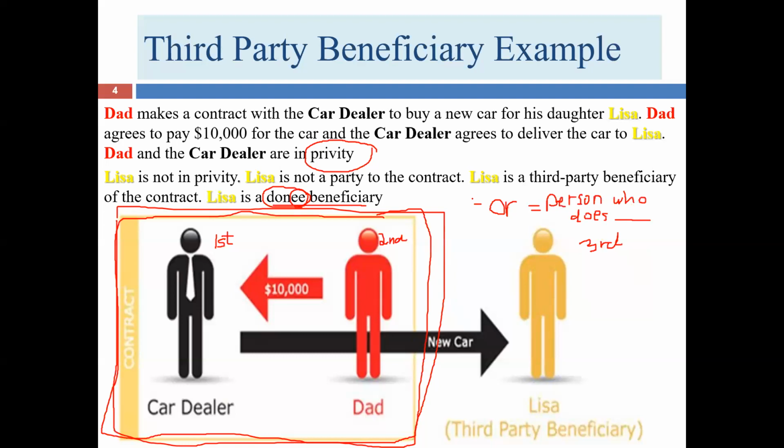If it's an offeror, it's somebody who does or makes the offer. When we see an EE ending, we say this is somebody who receives whatever it is, a person who receives. So a promisee is someone who receives the promise. An offeree is someone who receives the offer. A donee is somebody who receives the donation.